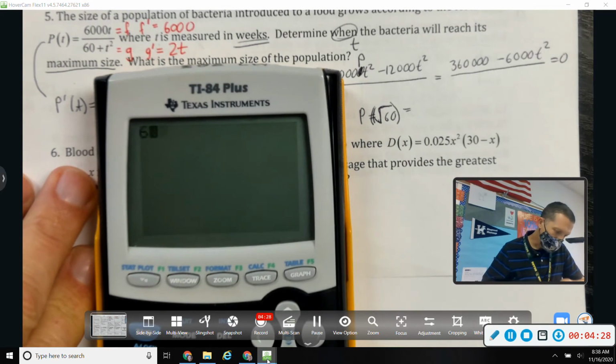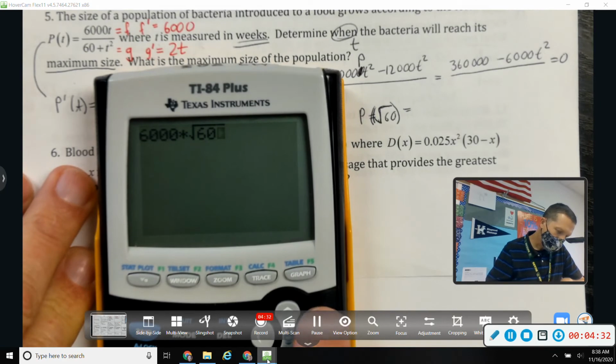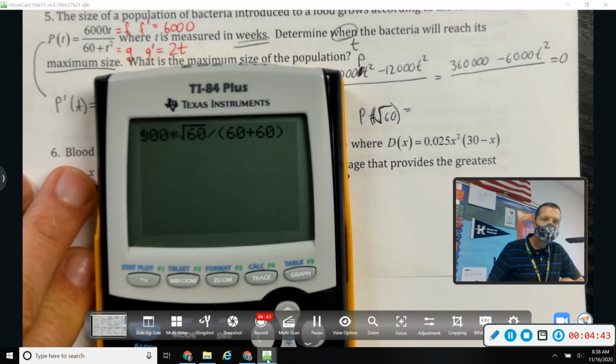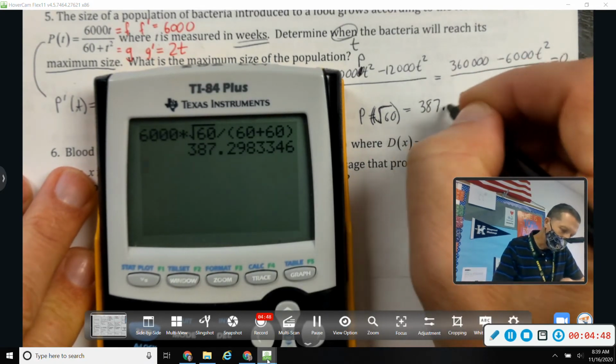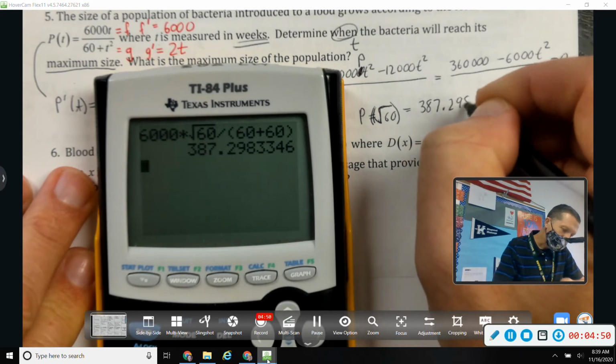So 6,000 times square root of 60 divided by 60 plus square root of 60 squared. I can do that with a calculator. So my answer is 387.298.